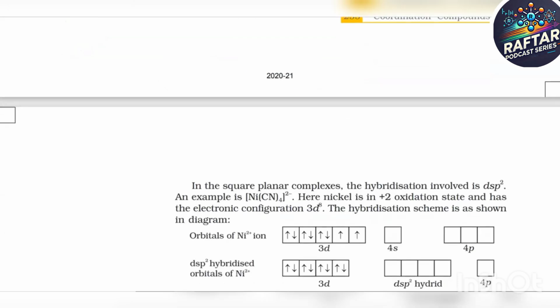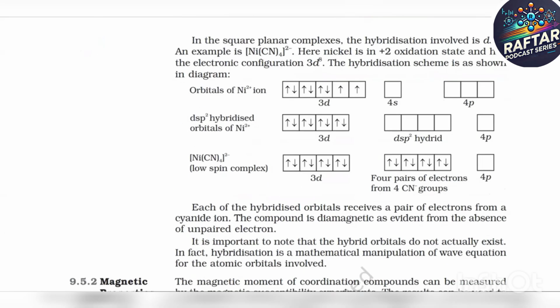In the square planar complexes, the hybridization involved is dsp2. An example is [Ni(CN)4]2-. Here nickel is in +2 oxidation state, and has the electronic configuration 3d8. The hybridization scheme is as shown in the diagram. Orbitals of the Ni2+ ion: 3d, 4s and 4p. dsp2 hybridized orbitals of Ni2+.